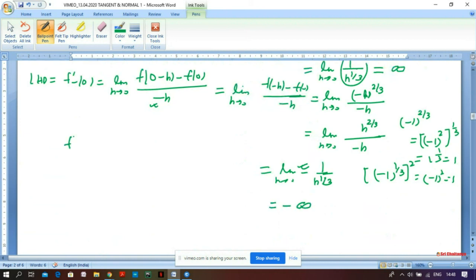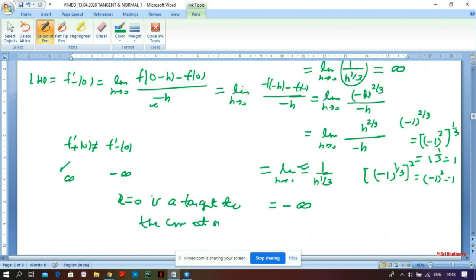So although f prime plus 0 is not f prime minus 0, and of course this is plus infinity and this number is negative infinity, still we know by our definition that the graph of f has a vertical tangent at origin, that is, x equal to 0 is the tangent to the curve at origin.